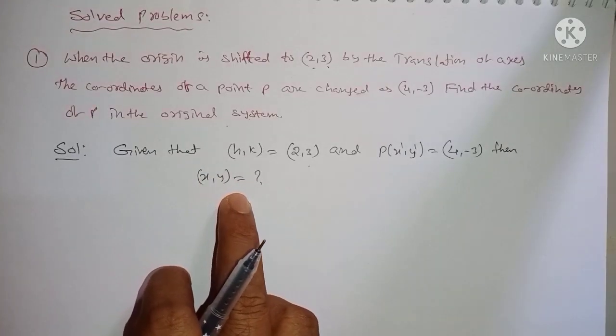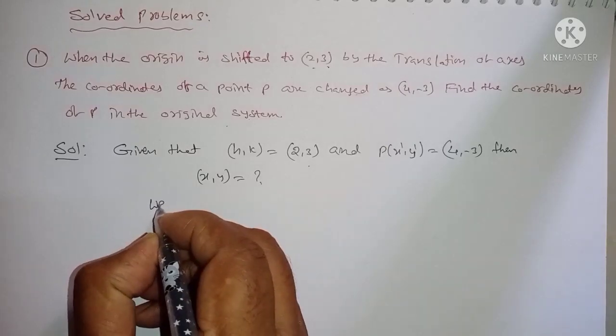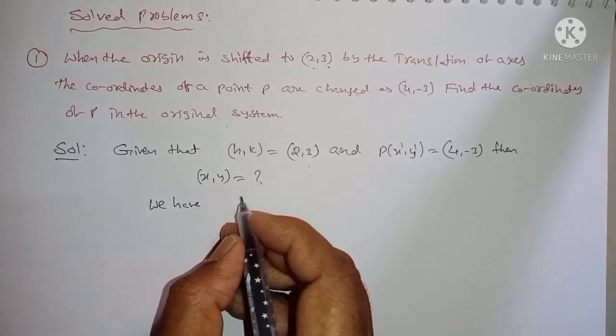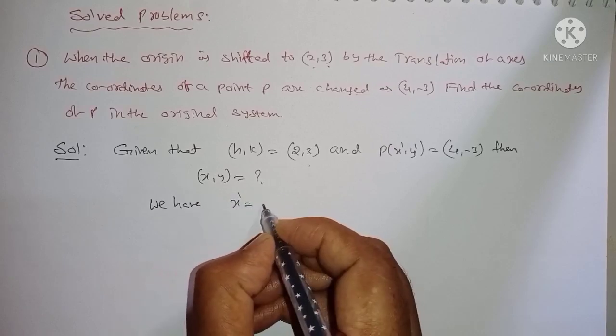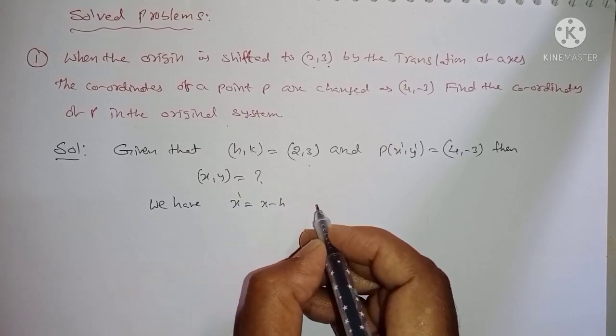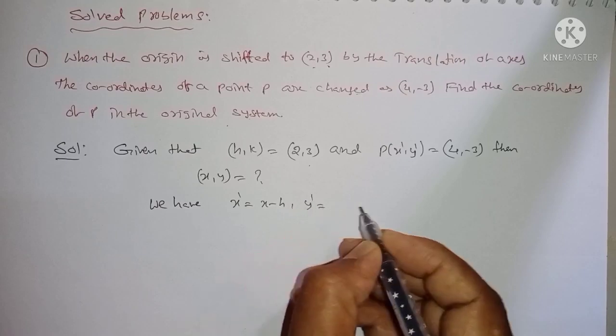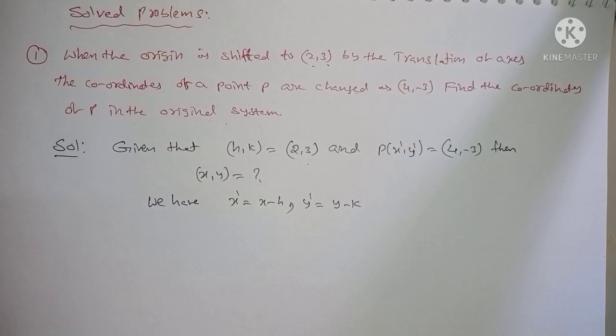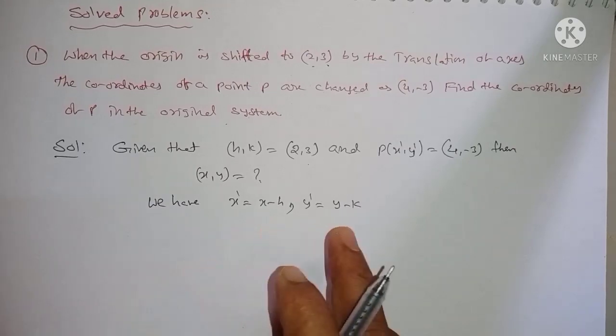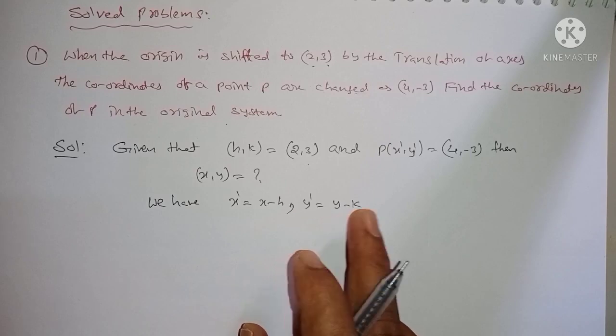You can write that is the h comma k and P x dash comma y dash, you can find here x comma y. What is the formula we have? The formula is x dash is equal to x minus h, and y dash is equal to y minus k. First method, this is x dash is equal to x minus h comma y dash is equal to y minus k.